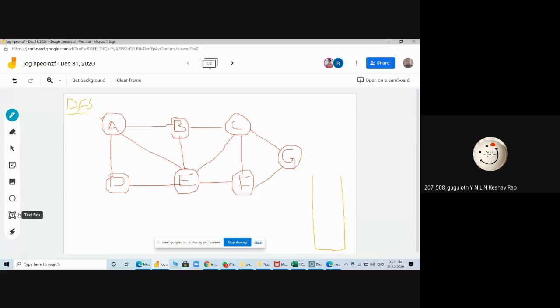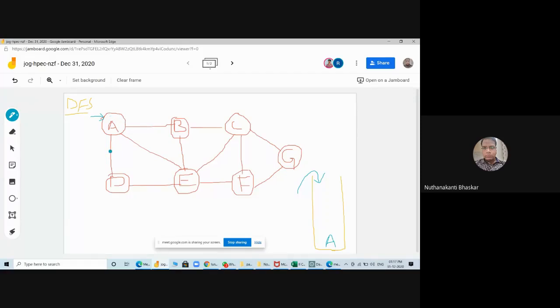A. Okay, you want to take A as the start node. I have taken A as the start node. Then after selecting, you need to visit it. Once you visit, what should we do? We need to push that node into the stack. Yes or no? Yes, sir. Then I push it.